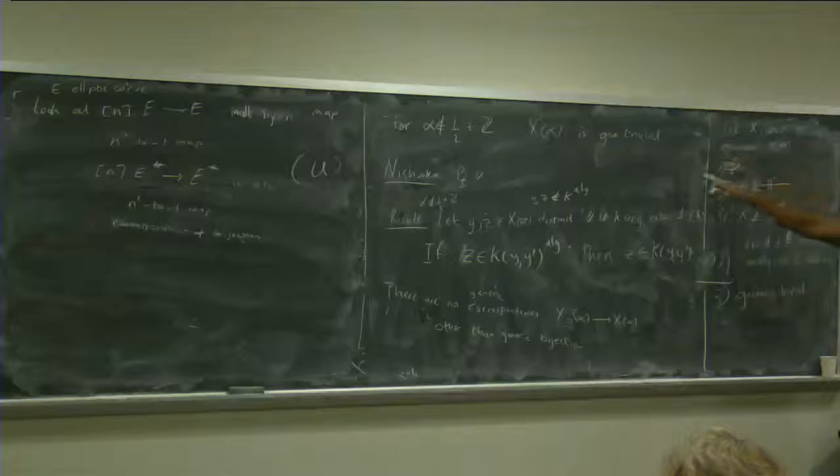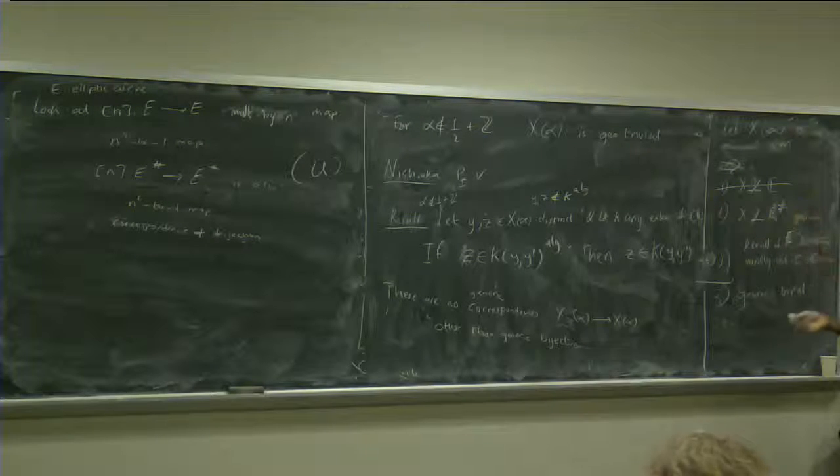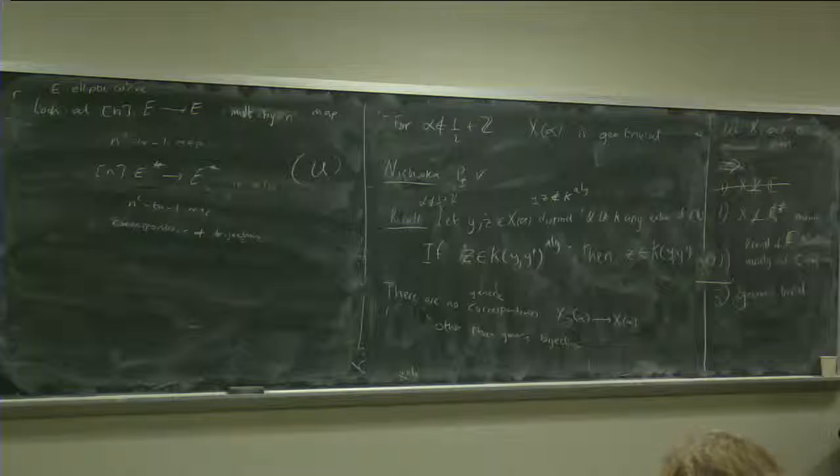X alpha, remember that's the Painlevé equation, so it's of order 2. Then 1: X is not orthogonal to C. 2: X is not orthogonal to E sharp.